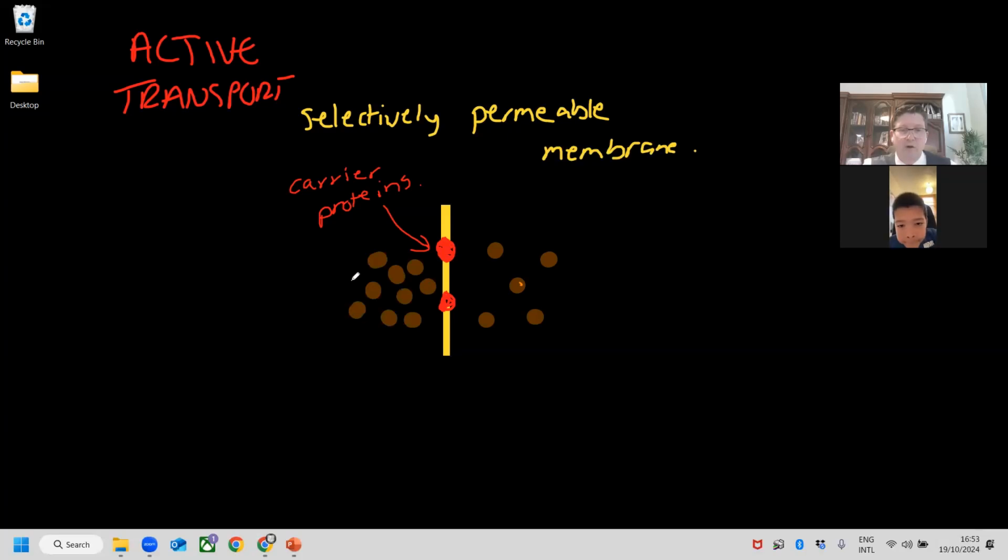Now, what we want is to move the salt in this direction. Normally, think carefully, would those salt atoms move that way because of diffusion? Can that happen?